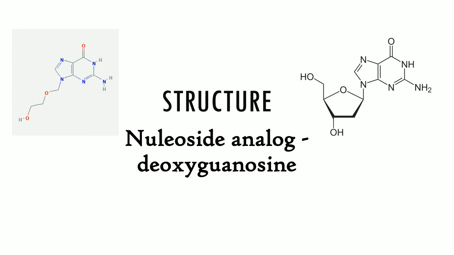So most of the structure of this antiviral agent is similar to that of the deoxyguanosine nucleoside. Now that exactly is its mode of action. So when it has structural similarity to a nucleoside, this is what helps in us using this as an antibiotic. We'll look into it a little later.